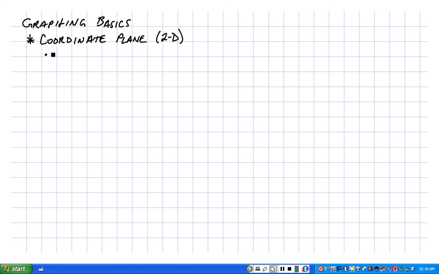So two-dimensional width and height. Alright, so width and height, that's what we're talking about.